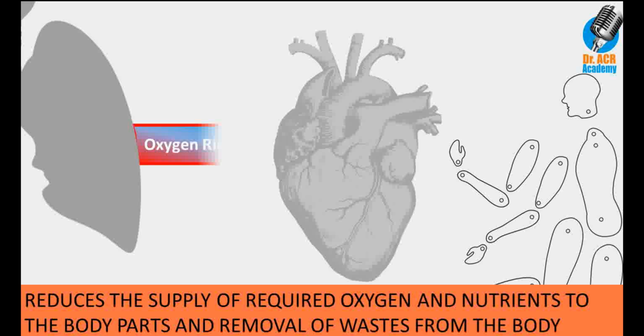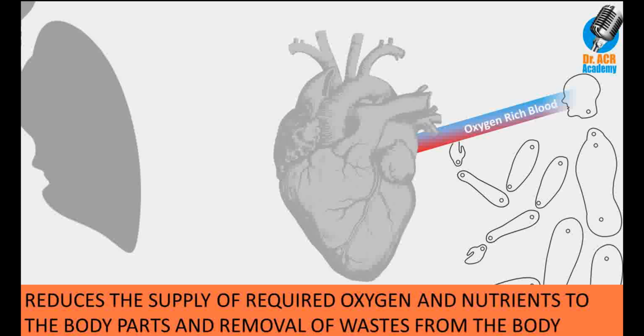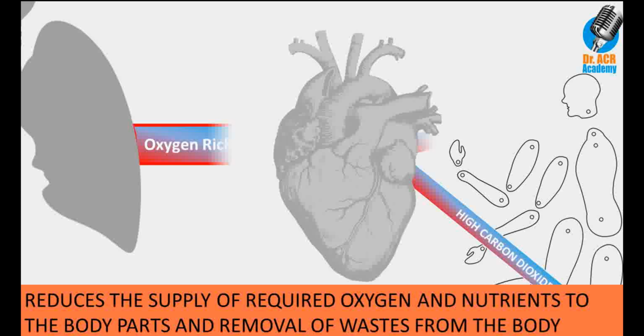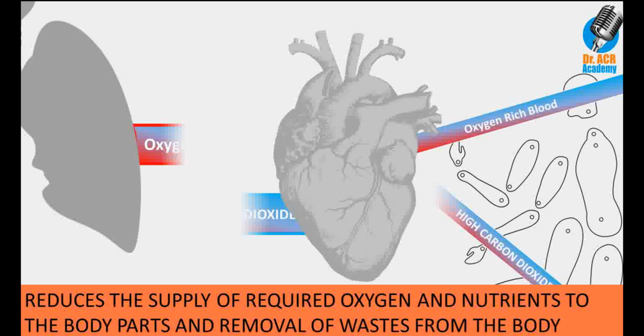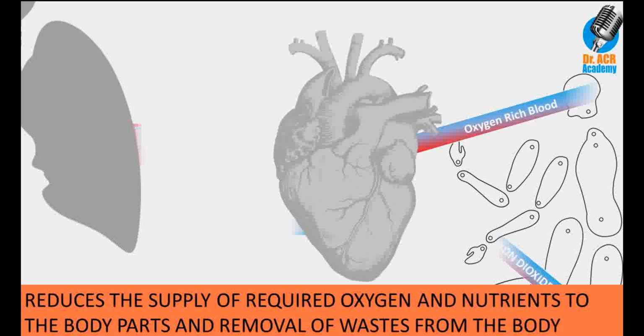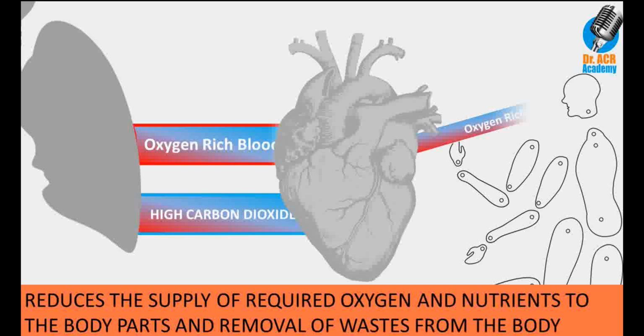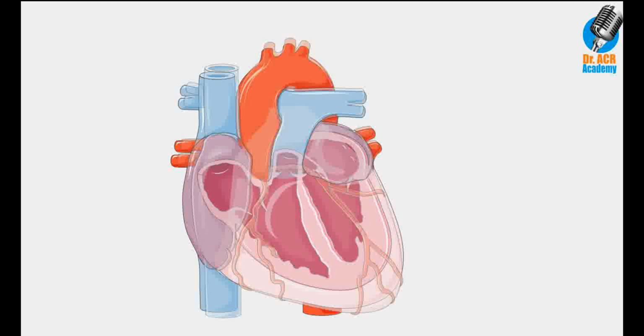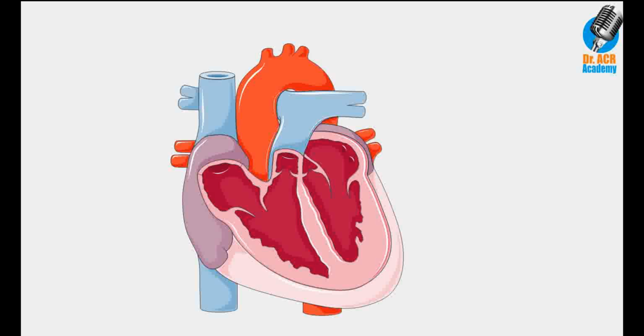By any means, if these two types of blood get mixed, then the body's ability to supply oxygen and nutrients and remove waste materials from the body is reduced. To avoid this, the heart has a separate mechanism to hold and pump the blood rich in oxygen and the blood rich in carbon dioxide.